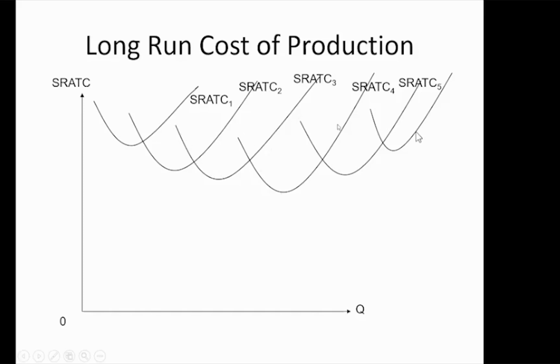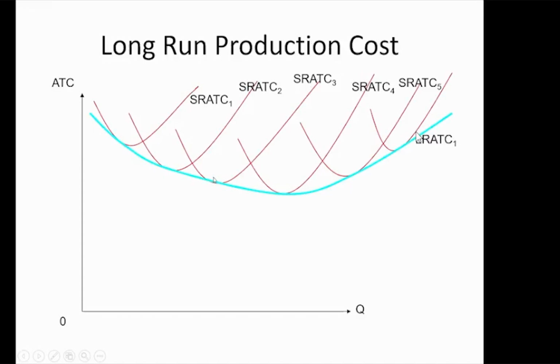Likewise, we have several short runs. If you connect the minimum points of all these short runs, assuming that we have millions of small curves like this, then we can connect all these minimum points and get the long run cost curve. So this is the long run average total cost curve.